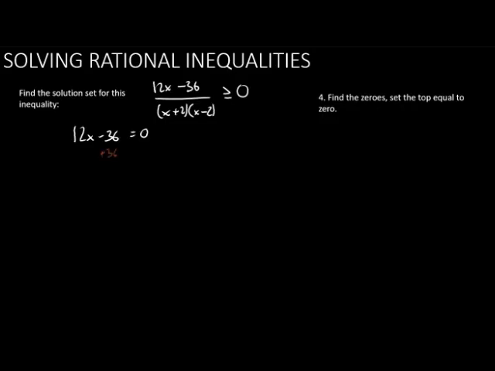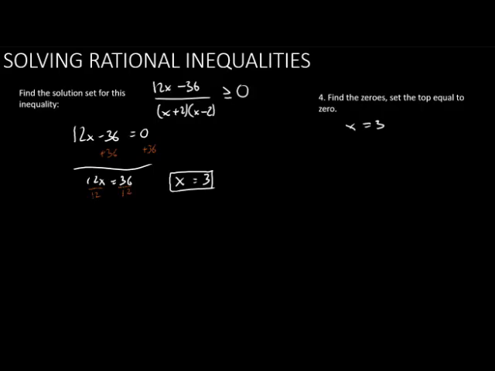We can add 36 to both sides, giving us 12x equals 36. Then if we divide both sides by 12, we'll get x by itself. If we take 36 divided by 12, we'll get 3. Therefore, our first 0 is x equals 3.